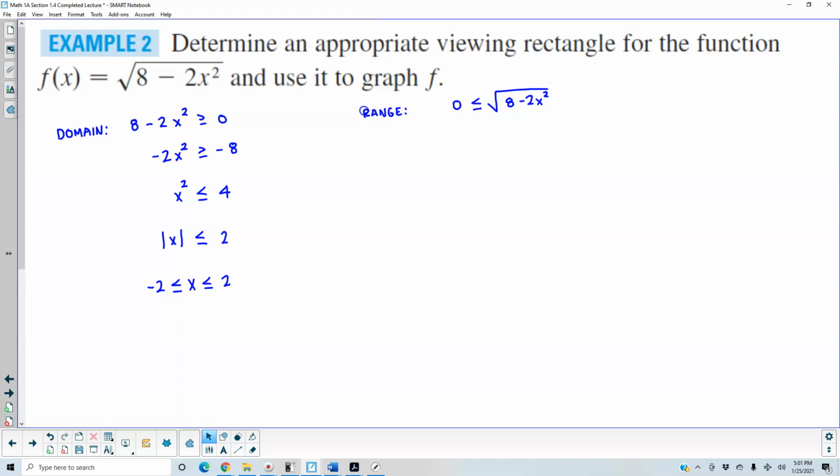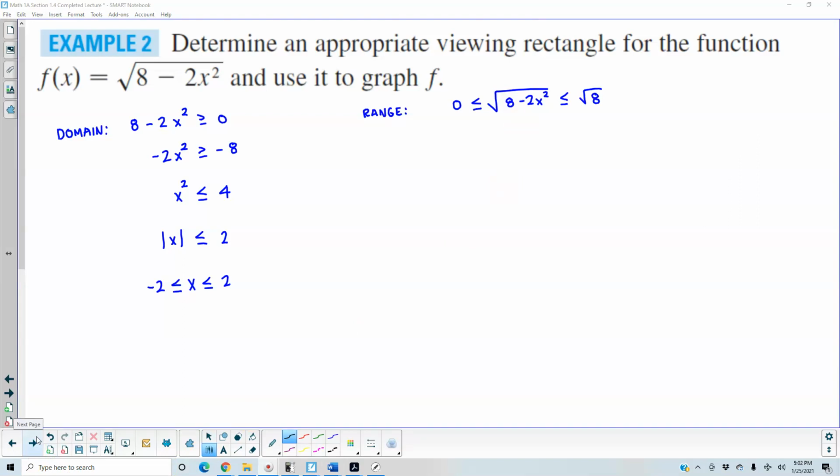So the square root of 8 minus 2x squared has to be greater than or equal to 0, so the minimum is going to be 0 for the range. And if we're taking 8 and subtracting a number, that means this would have to be less than or equal to the square root of 8, because that would have to be larger than the square root of 8 minus 2x squared.